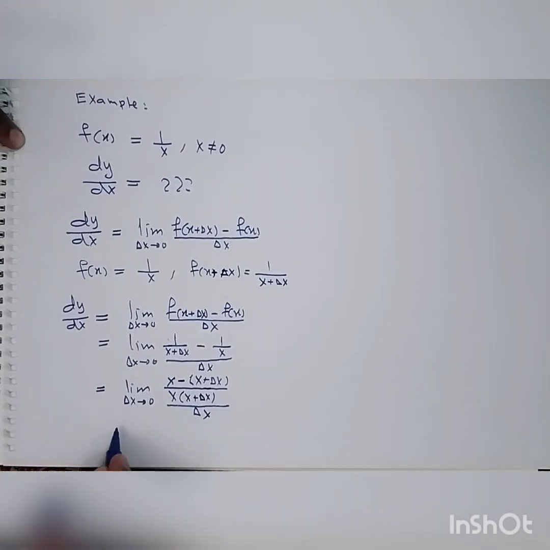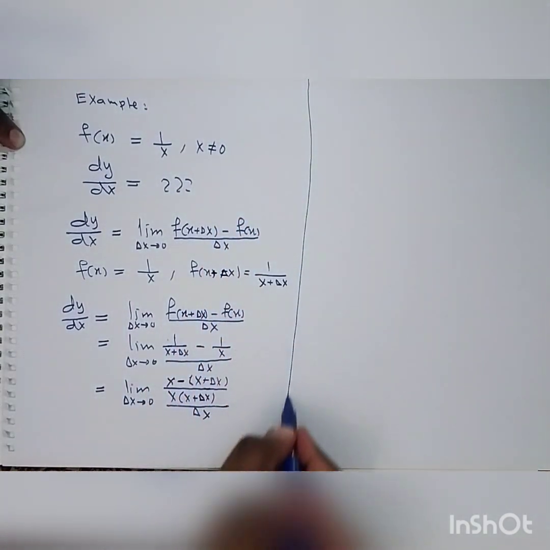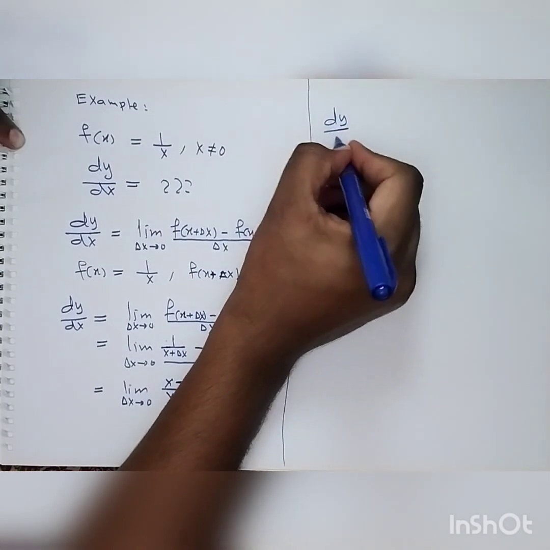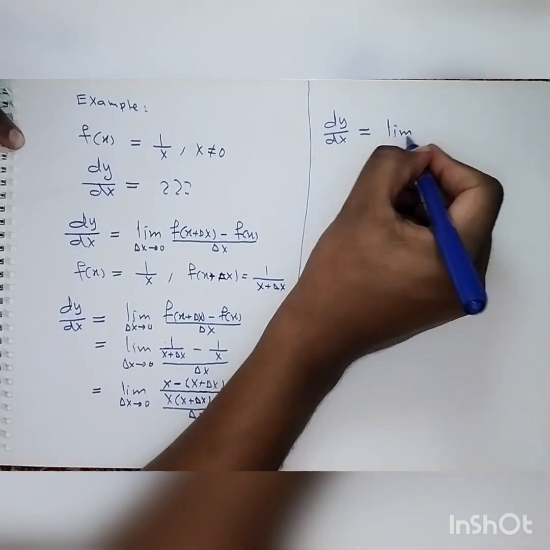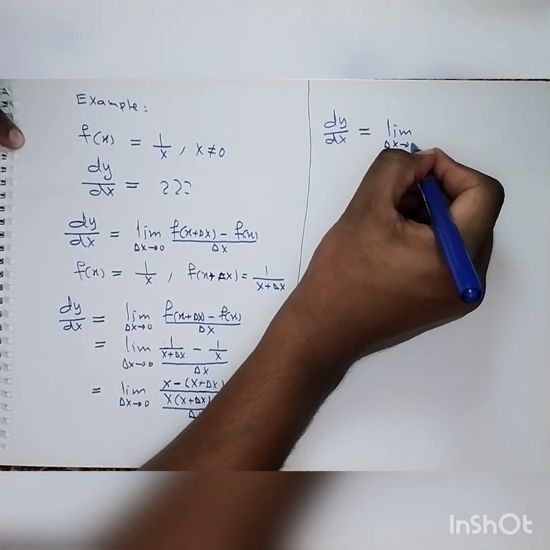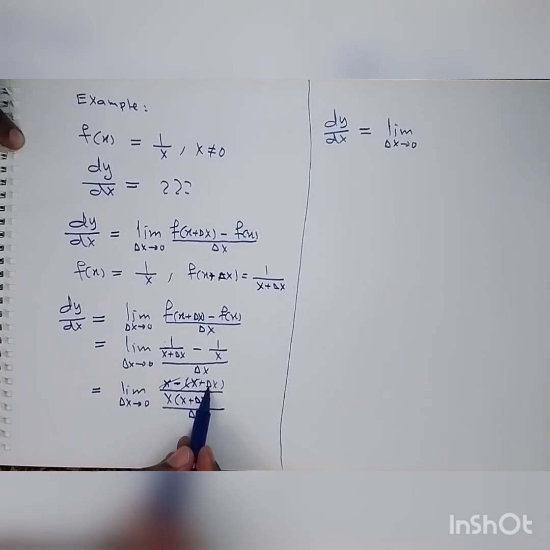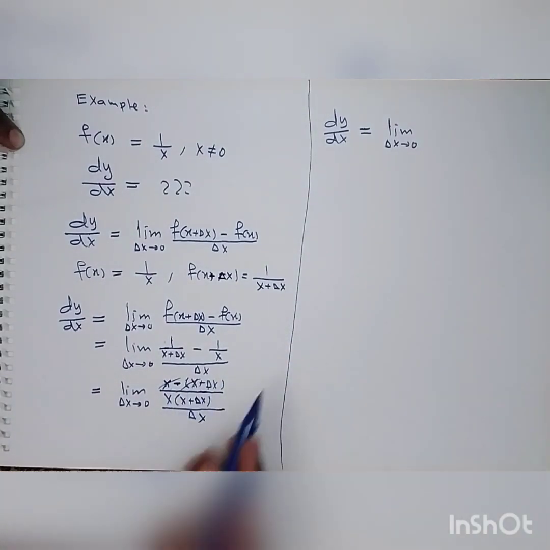And then for the denominator we divide everything by delta x. So now let us do it here. dy by dx will be equal to the limit as delta x approaches 0. Here x would cancel out this x because it's negative. Be careful, this negative is multiplied also here, so it's multiplied by delta x.